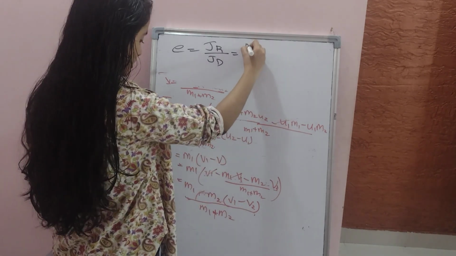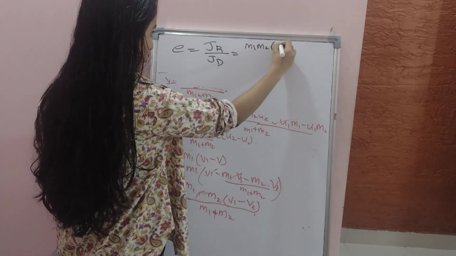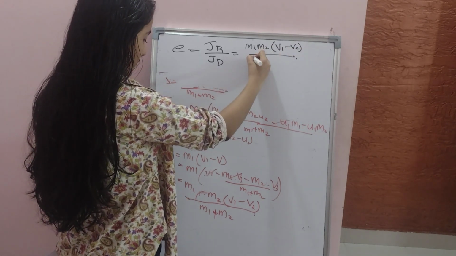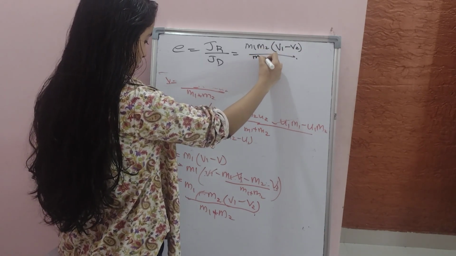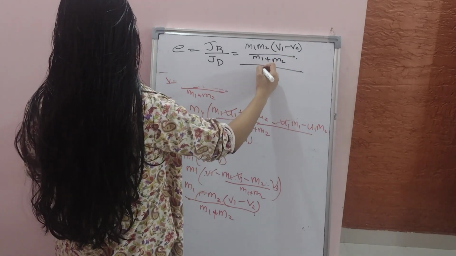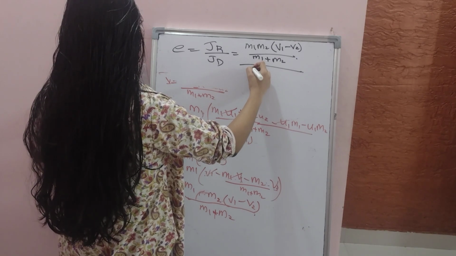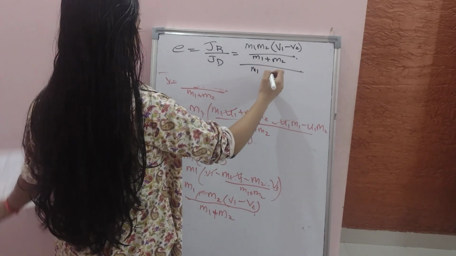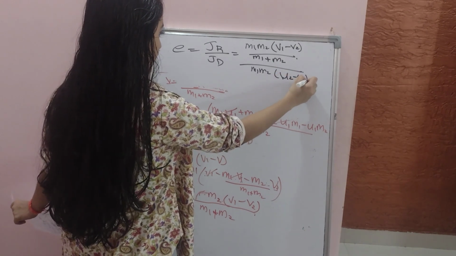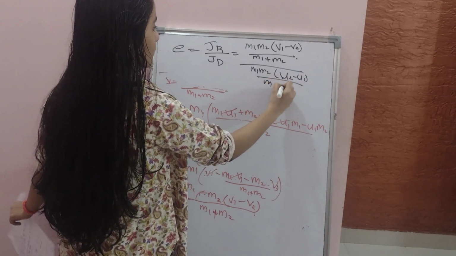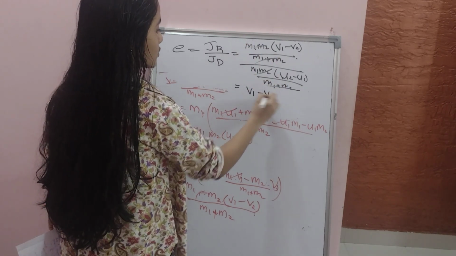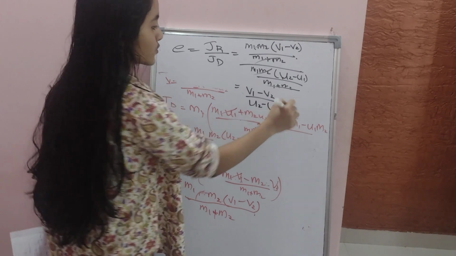This is the impulse of reformation: M1 M2 into (V1 minus V2) divided by M1 plus M2, divided by M1 M2 into (U2 minus U1) divided by M1 plus M2. Cancel, cancel, cancel, cancel. Then we will get V1 minus V2 divided by U2 minus U1.